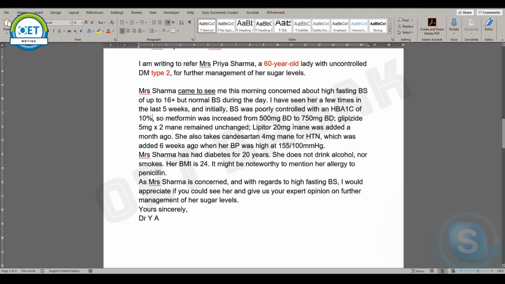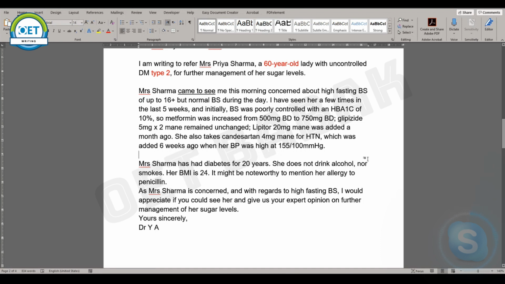"Metformin was increased, glipizide remained unchanged, Lipitor 20 milligrams was added a month ago, and she also takes candesartan, which was added 6 weeks ago when her blood pressure was high." You see, the writer has tried to summarize, but as you can see, it is going backwards and a little bit mixed up.